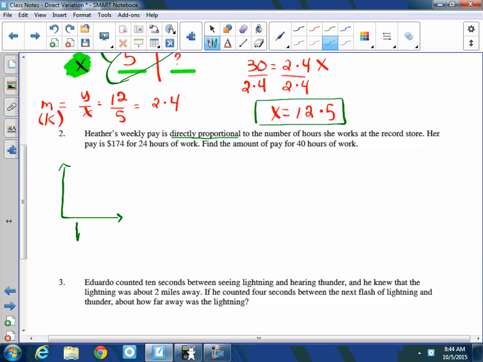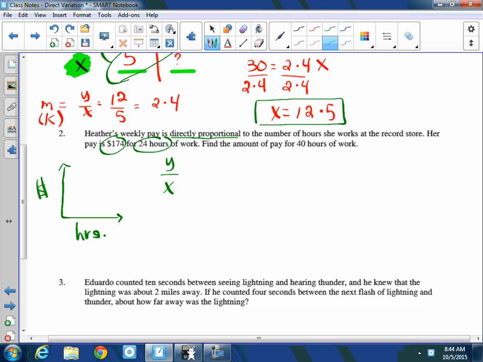Hours should be my x, and then my y should be the money, because the more hours that I work, the more money that I get paid, right? So what is on my y? Money. What is on my x? Hours.